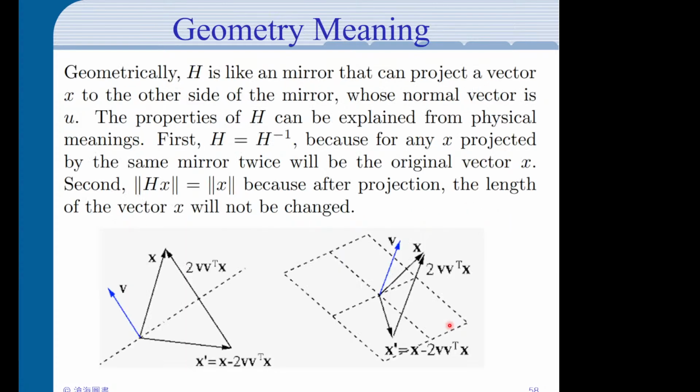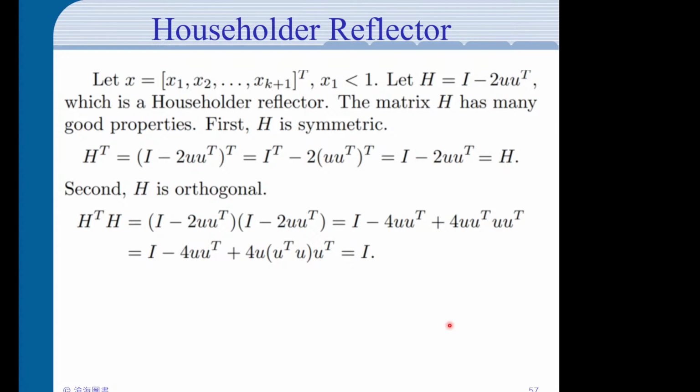I guess let's do the calculation here, although it's not super important. The construction of a reflector is something you do a lot in quantum computing, but that's a different course.